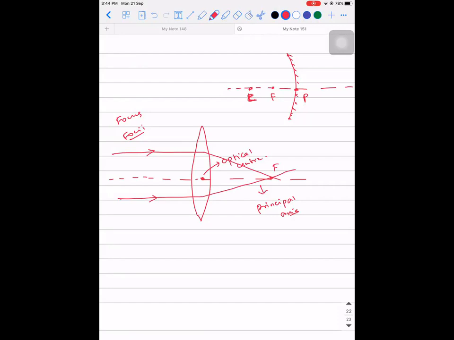Similarly, when you see from the left hand side, if you take the rays to come from this side, then they will converge here. So this will be another focal point. So it has two focal points. That's why we call it bifocal. Are you guys able to understand this? Yes, sir.